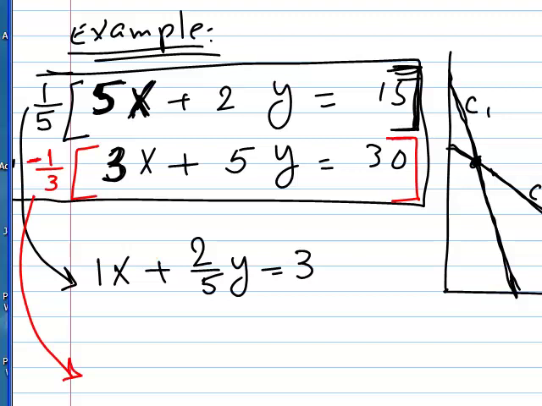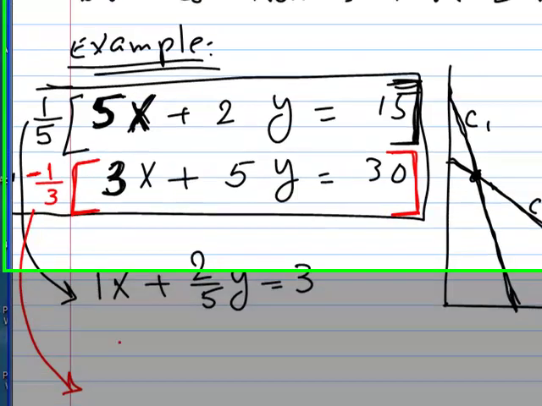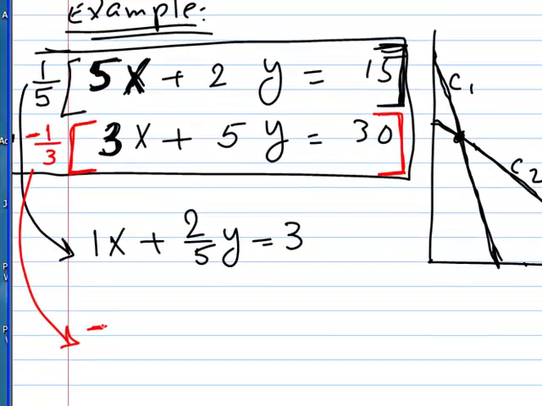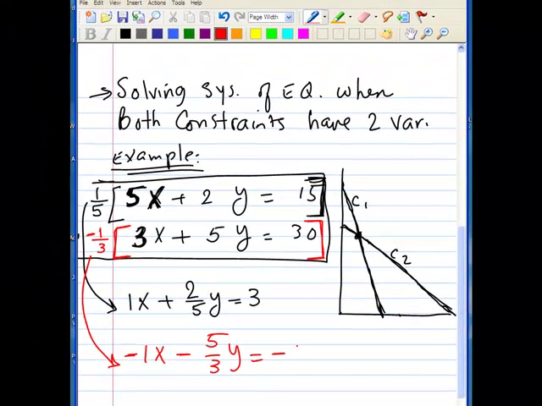Now, of course, I have to multiply it throughout the whole constraint. So I get 3 times -1/3, which is -1x. -1/3 times 5 is -5/3 of y is equal to -1/3 times 30 is a -10. So now I have these two equations right here.